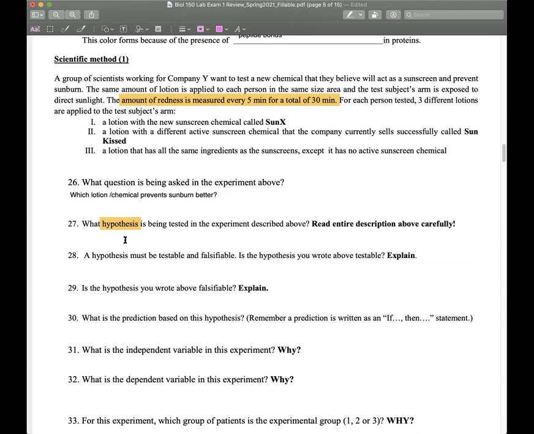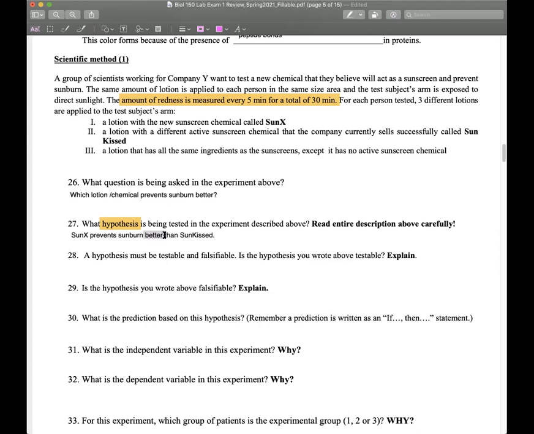The new sunscreen chemical Sun X prevents sunburn better than Sun-Kissed lotion. Okay, we're on the right track. So let's take a look at this statement: Sun X prevents sunburn better than Sun-Kissed.